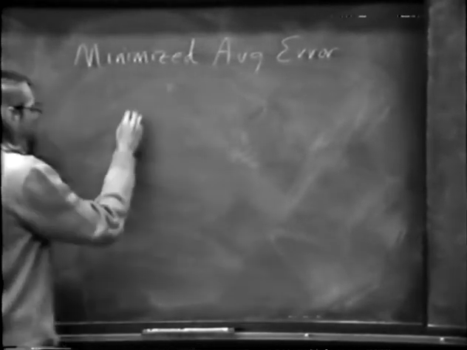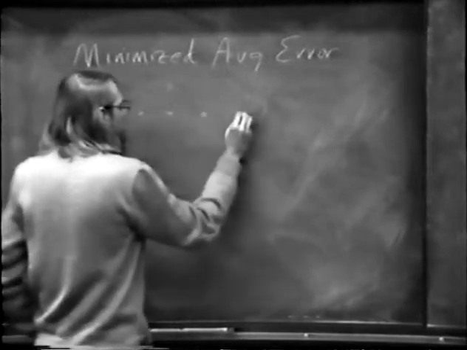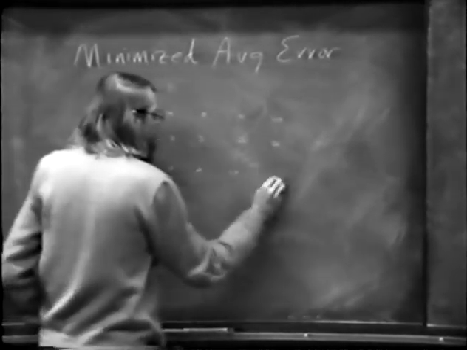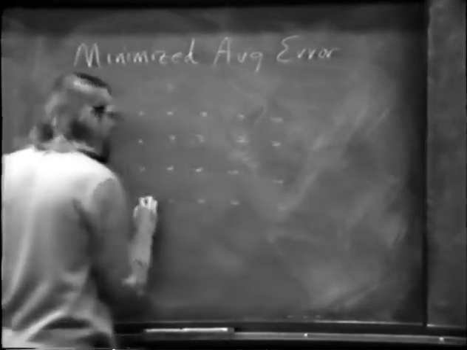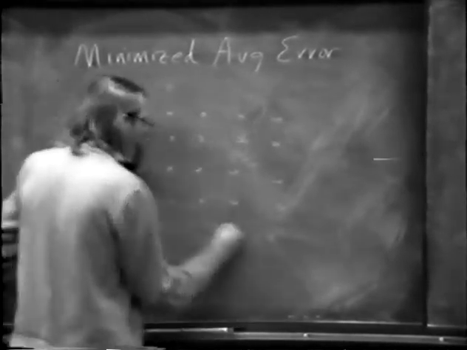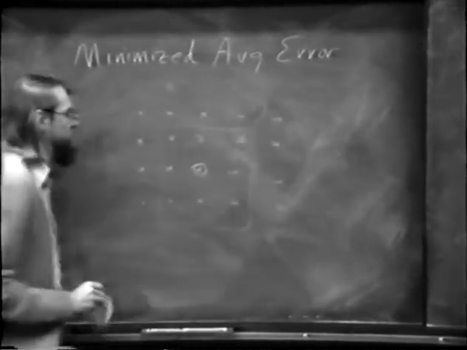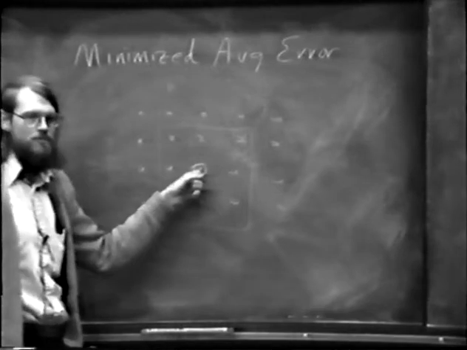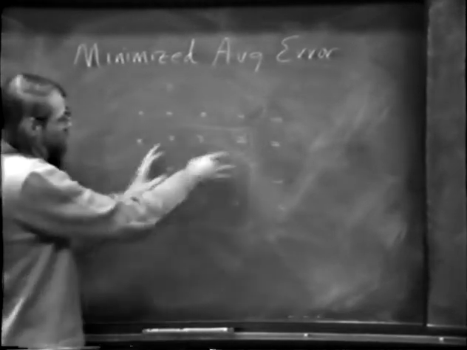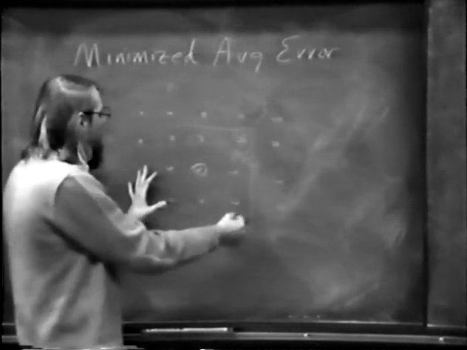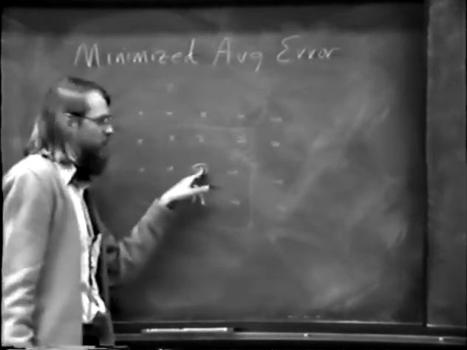Minimized average error is based on the desire to make it so that if you dither your picture, so we've got on and off dots here, and we take a particular pixel and do a weighted average of the original picture with some Gaussian fill or something like that, 2 or 3 pixels across, we come up with the average value for that.